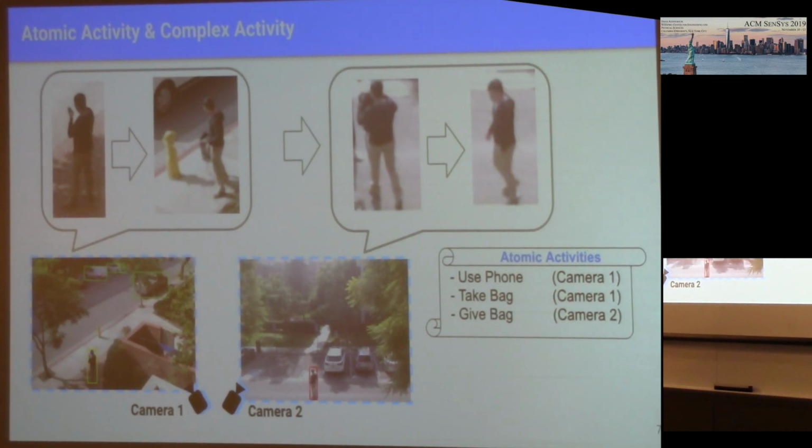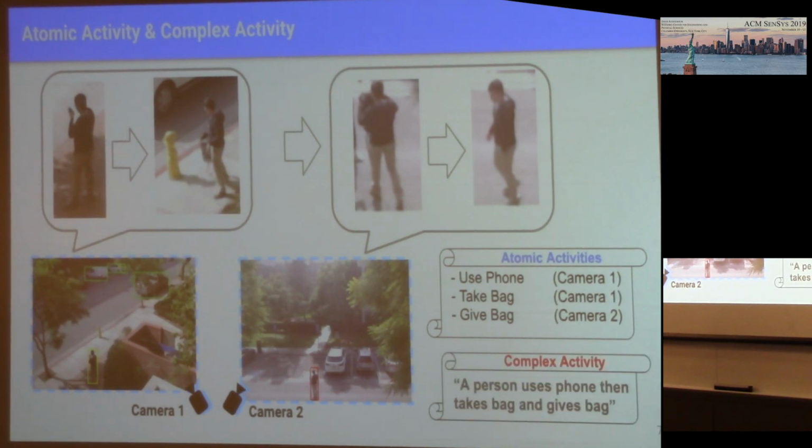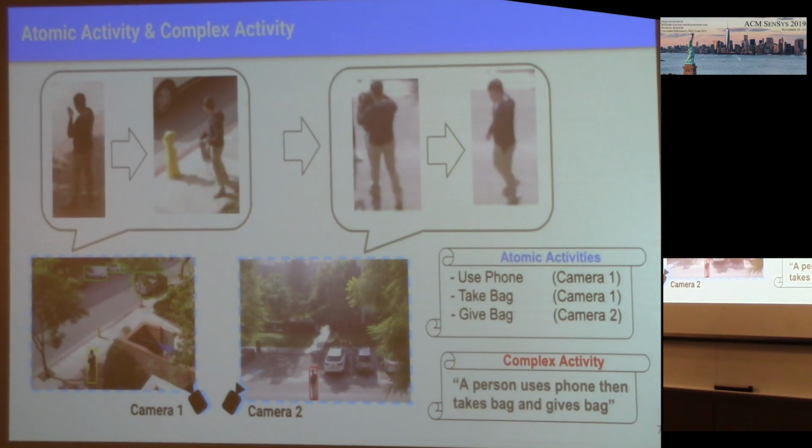In existing work, we can accurately detect these atomic actions, like use phone, take bag, give bag, associated with different cameras. And this is an example of a complex activity: a person uses a phone, then takes a bag and gives a bag. You can see this complex activity is cross-camera, and it could involve multiple persons and multiple objects.